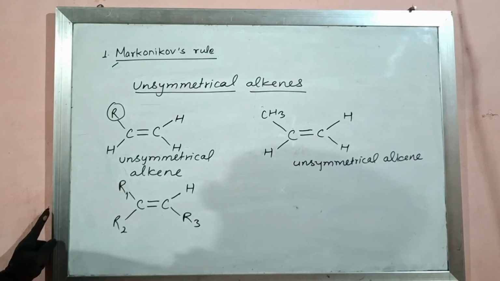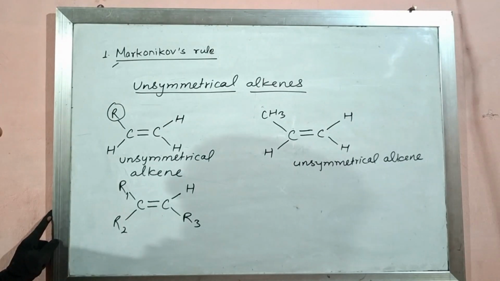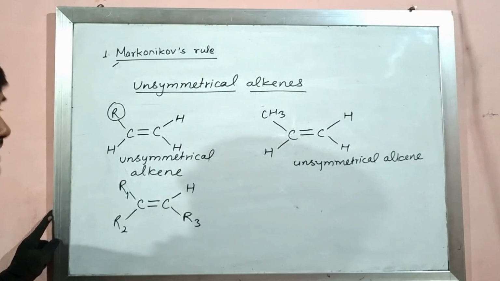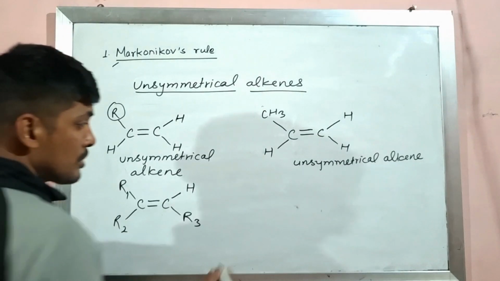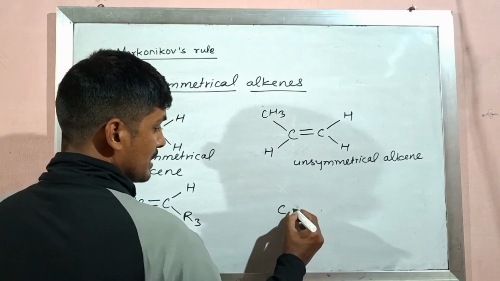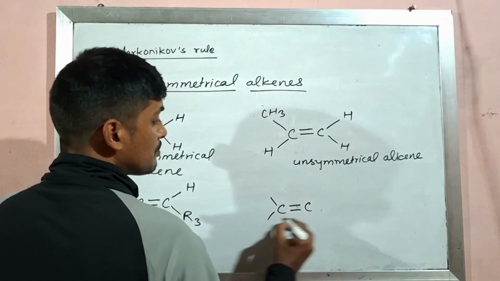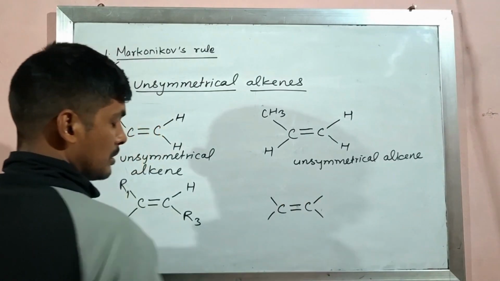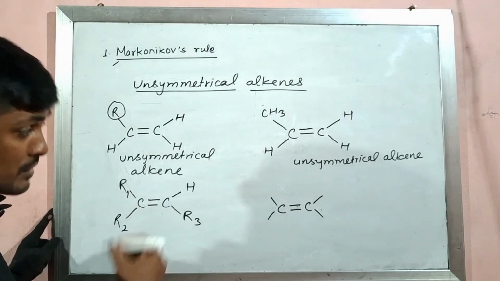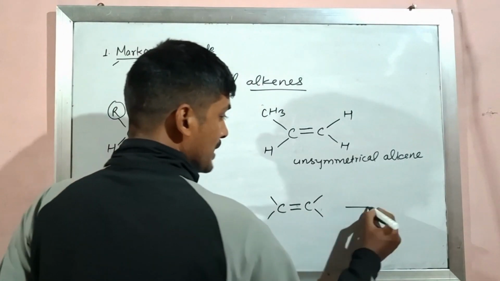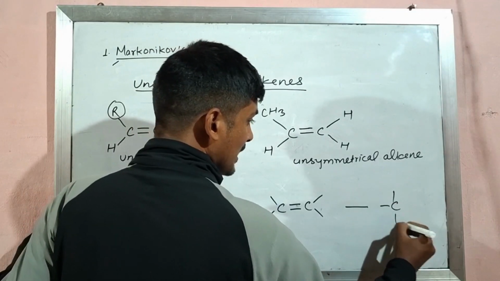Now this Markovnikov's rule is one type of addition reaction. So what is an addition reaction generally? Whenever we talk about addition reactions in organic chemistry, the double bond or triple bond, if there is one, is converted into a single bond.